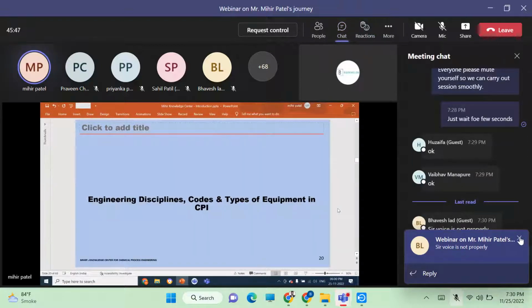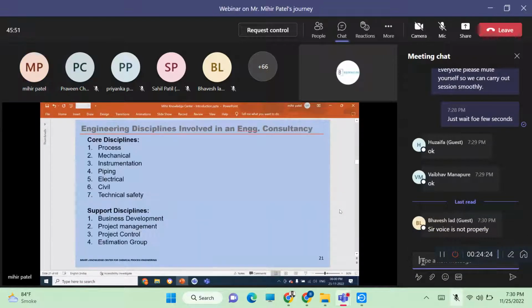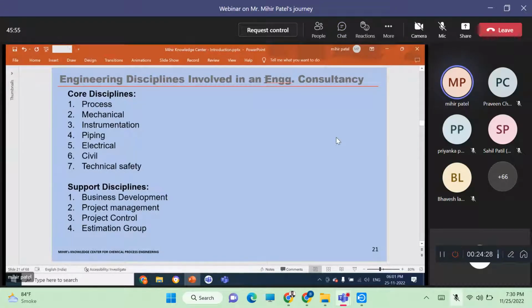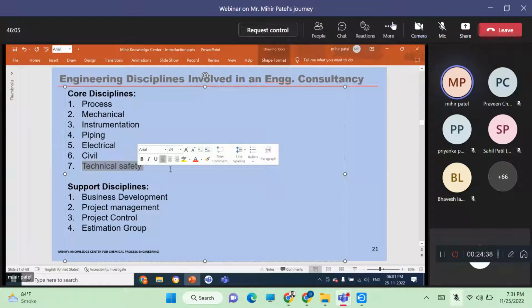So we'll start with the engineering disciplines, codes and types of equipment in CPI. These are the engineering disciplines involved in a typical engineering consultancy. Here you have process, mechanical, instrumentation, piping, electrical, civil, technical safety. And large consultancies will also have a materials group.